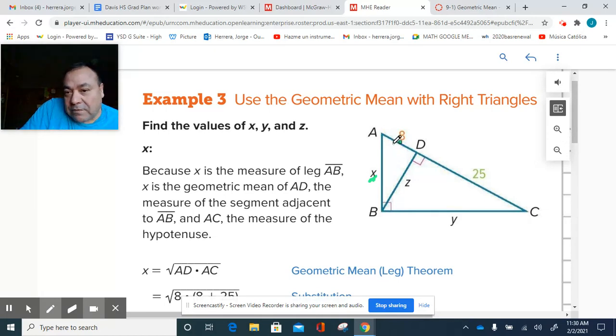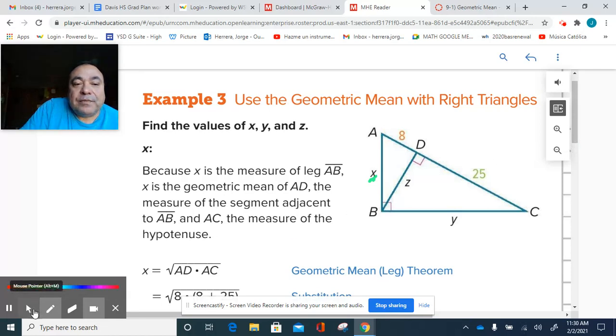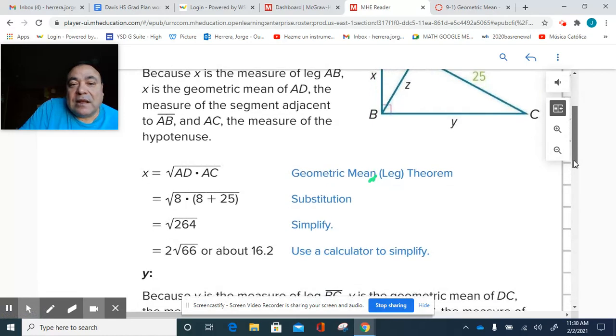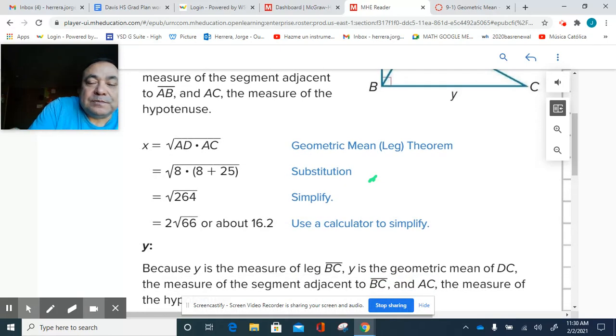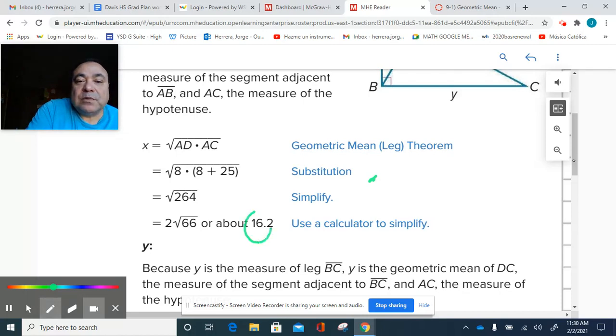It will be what's right in front of it first plus AC. Okay. And you can see the work right there. Just be patient. You can see it. It's right there. And then, of course, we multiply it, and we get that x equal to 16.2. Okay? Right here. So we got 16.2.